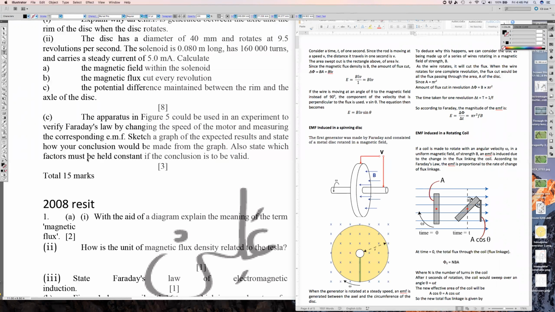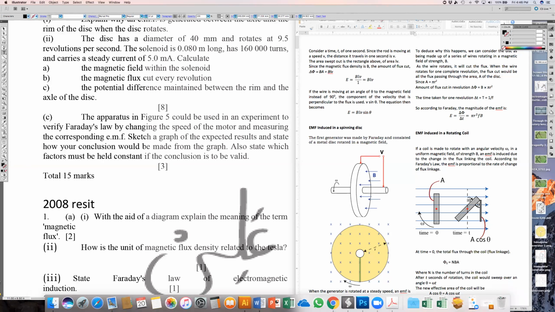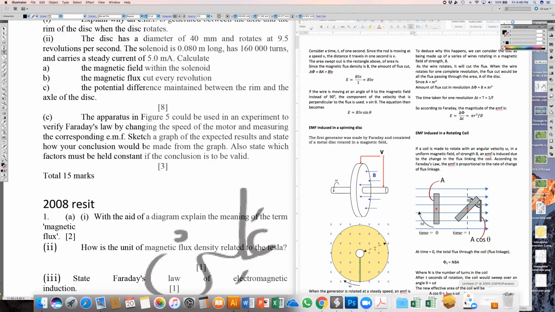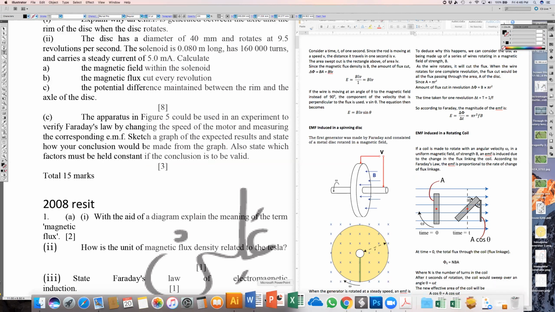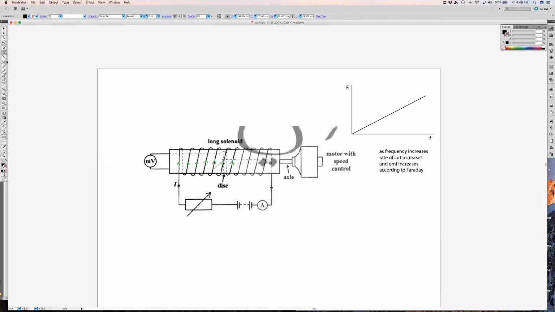Also state which factors must be held constant for the conclusions to be valid. What factors must be held constant in order for this conclusion to be valid?